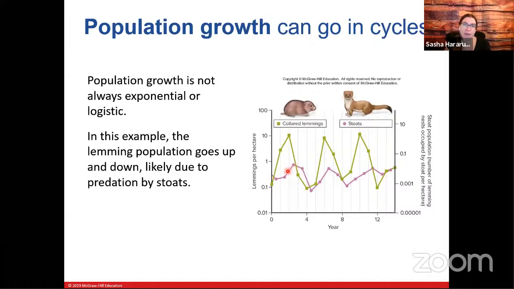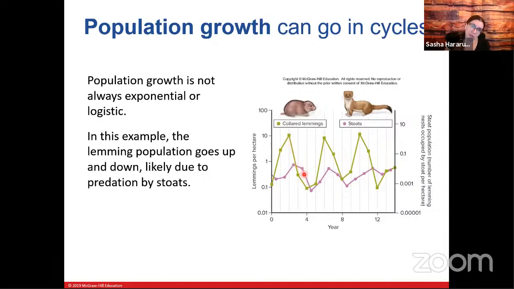There's some lag between the increase of population of lemmings and stoats. This lag is because it takes time for the stoats to recognize the good conditions for more reproduction. Good conditions being the availability of food, availability of lemmings. But with time, the population of lemmings will be overhunted by stoats, and it will start decreasing.